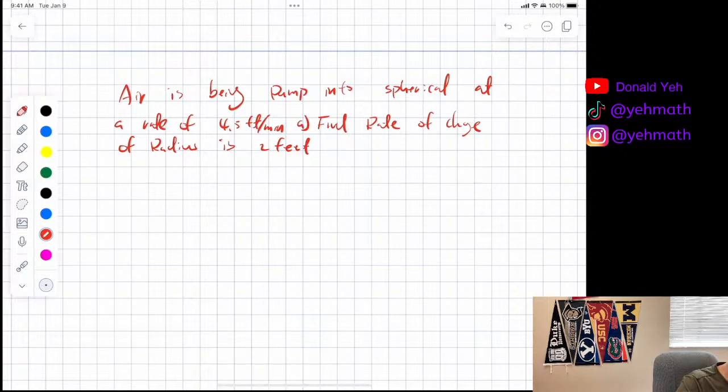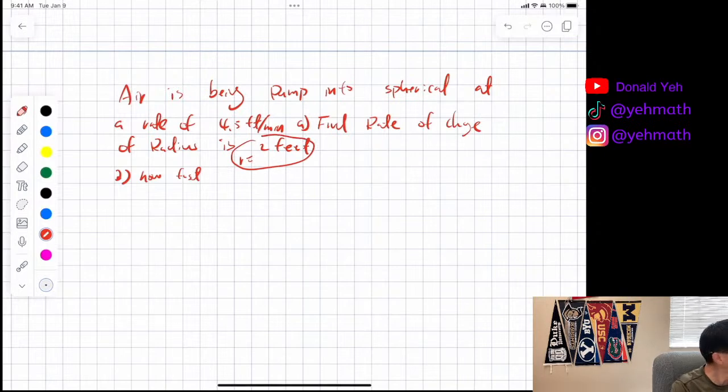Okay, so that's A. For B, I want to find out how fast. Wait, what do you mean by rate? How the volume increases? You find the rate of the radius when the radius is 2 feet. Okay, air is being pumped into a spherical balloon at a rate of 4.5 cubic feet.